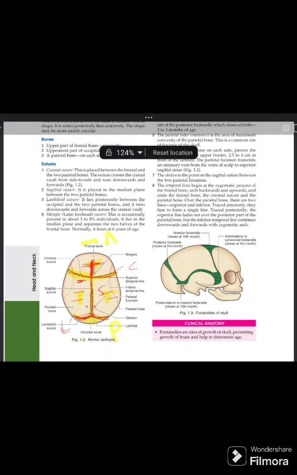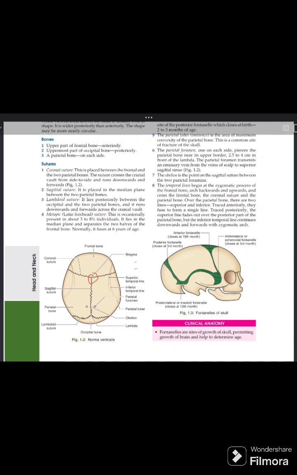So if we talk about some features of the Norma verticalis, just focus, there's a term named bregma. So what is bregma? You can see this point I'm circling. Bregma is the meeting point of the coronal and the sagittal suture. That is called bregma.